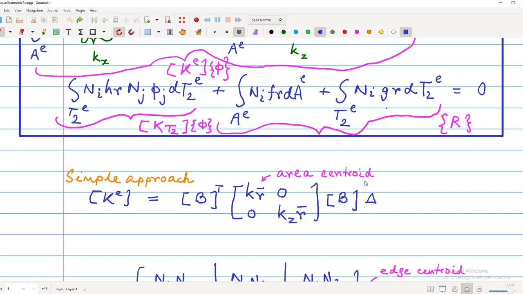So our philosophy while using triangular elements is to keep things simple, and in order to keep things simple, you just increase the number of elements, make the element size small, and neglect the variation of r within the element, and replace the r by the centroidal r, so that you don't have to integrate.